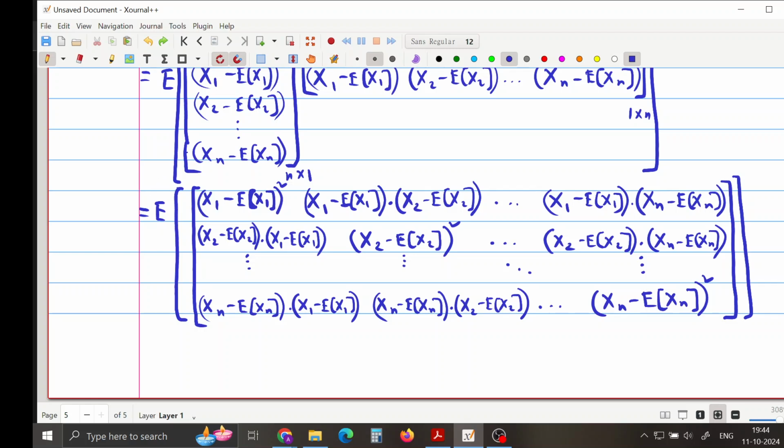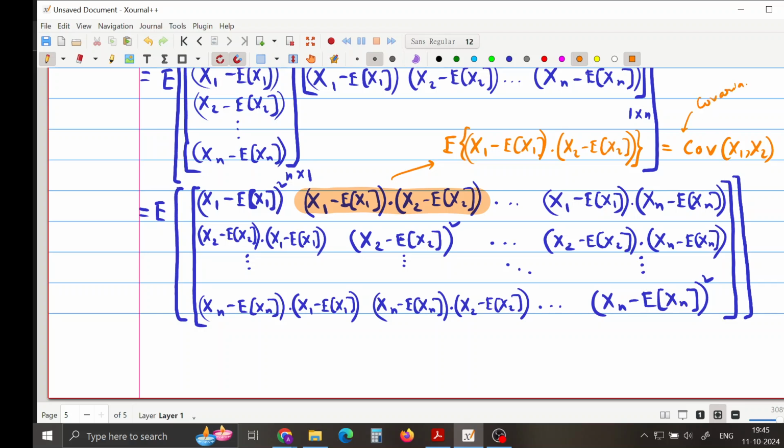So my point was that the diagonal entries are the variances, and the off diagonal entries, if you consider this term here, once you take expectation inside, this is nothing but the covariance of x1 and x2, where x1, x2 are random variables.